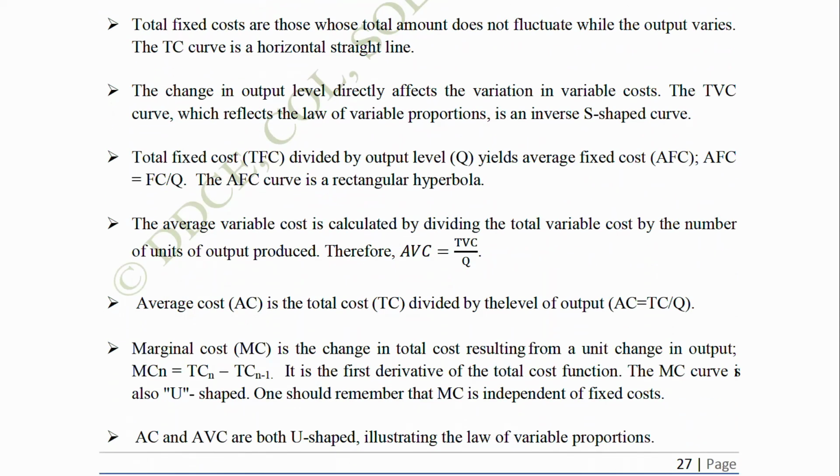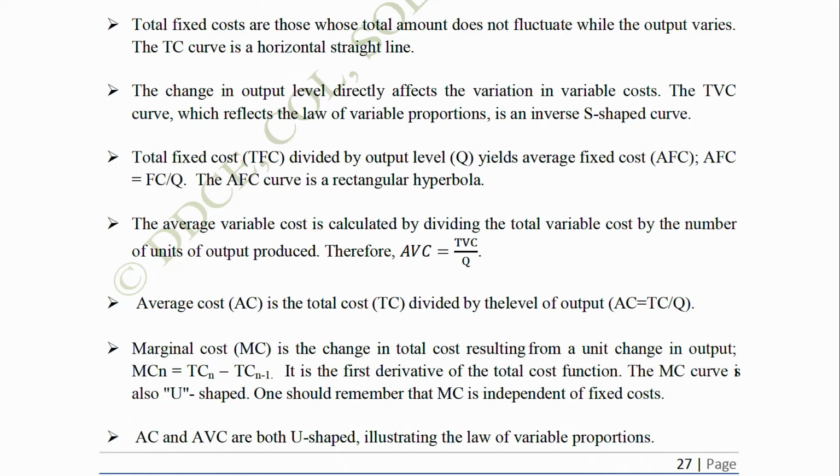Total fixed costs are those whose total amount does not fluctuate while the output varies. The total fixed cost curve is a horizontal straight line. The change in output level directly affects the variation in variable costs. The total variable cost curve, which reflects the law of variable proportion, is an inverse S-shaped curve.